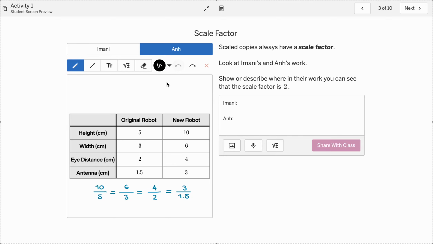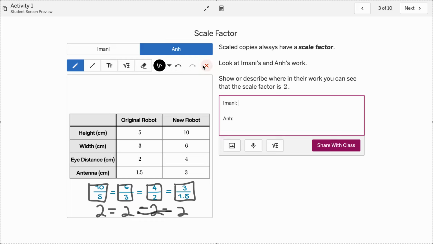So we have a ratio 10 over 5 equal to 6 over 3, equal to 4 over 2, and equal to 3 over 1.5. If we simplify those, we see that it is all 2. So then we can see our scale factor is 2.